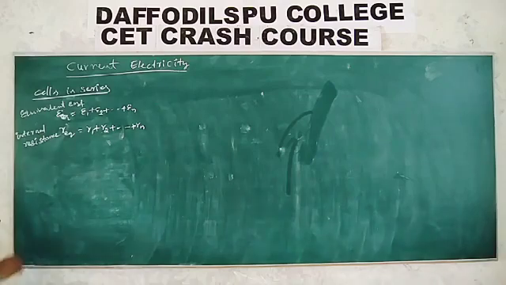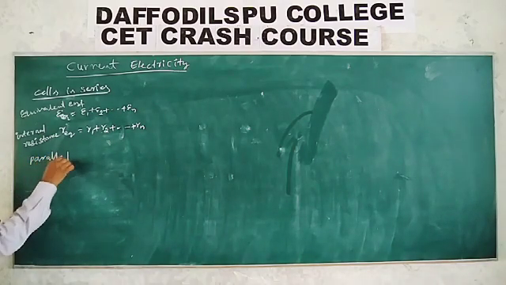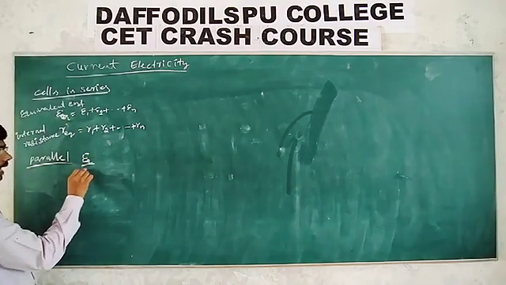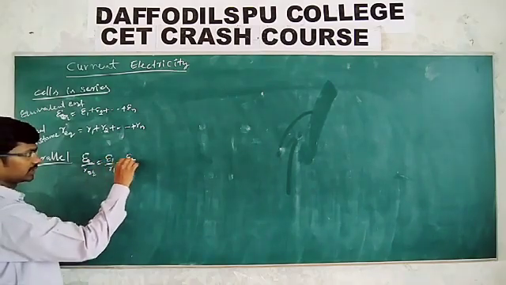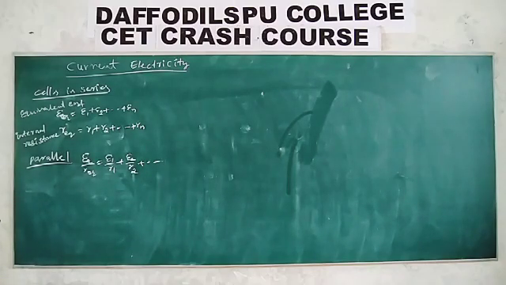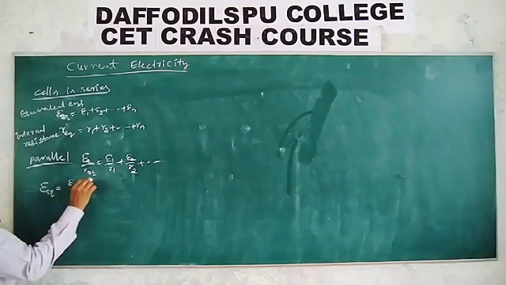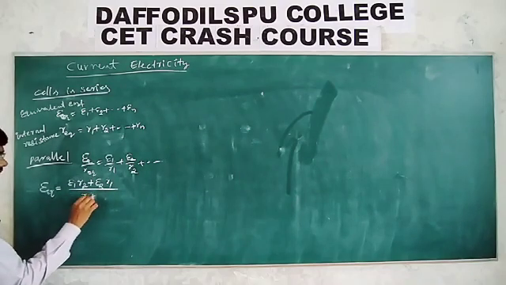Similarly, when they are kept in parallel combination, E equivalent by R equivalent is equal to E1 by R1 plus E2 by R2 plus and so on. For two cells, the equivalent EMF is (E1 R2 plus E2 R1) by (R1 plus R2).